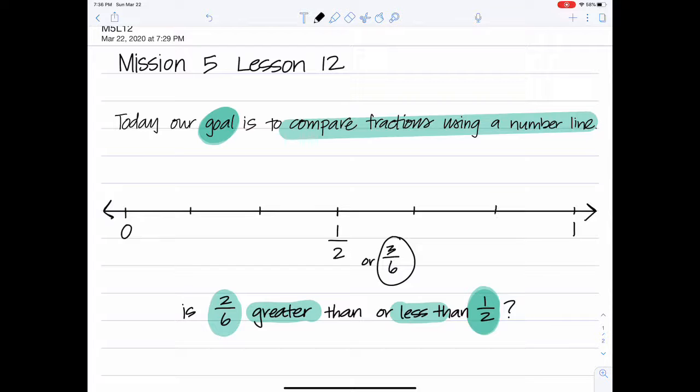So I'm drawing my sixths: 1/6, 2/6, 3/6, 4/6, and 5/6. And my placement right there showed me that 2/6 is less than 1/2.